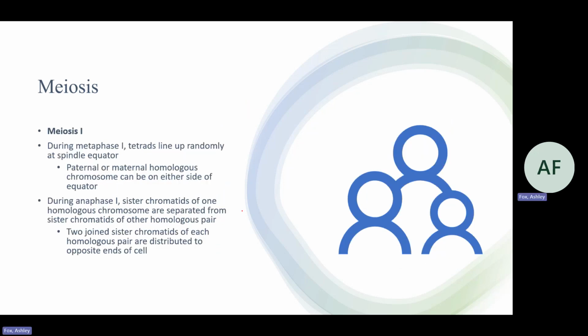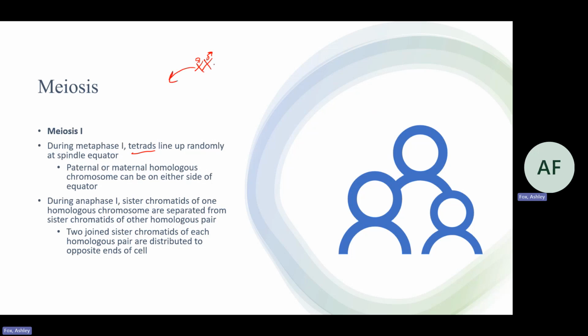Also, during meiosis 1, remember metaphase is where everything is lining up. So a lot of the phases are happening the same as what we learned in mitosis. But in meiosis 1, part of the randomness and the new combinations comes from what we call the tetrads, which is again the copies of maternal and paternal with their new combinations that can line up randomly.